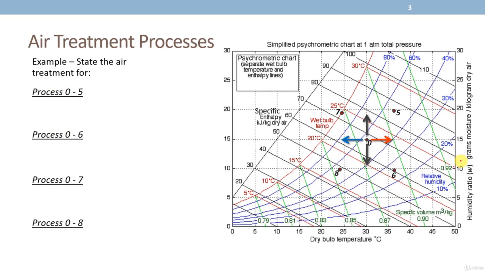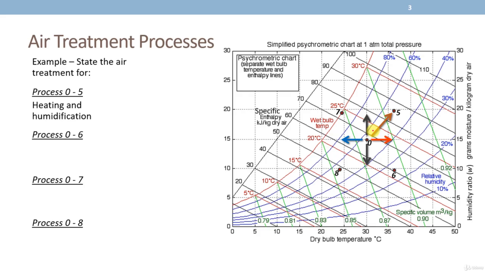But that doesn't mean it can only move vertically or horizontally. It can move in any of the direction, 360 degrees. So if it's moving from 0 to 5 in this direction, it is a combination of moving to the right and moving upwards. So as you can guess, it is sensible heating plus humidification.